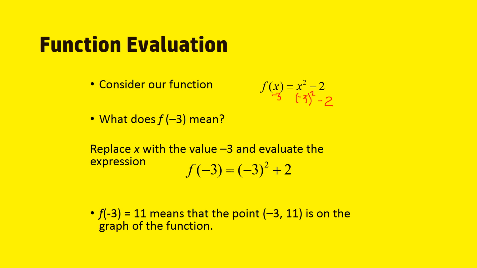So f of negative 3 really means: what is y? Because y is just f of x, always. What is y when x is negative 3? That's what we're finding when we get f of negative 3.